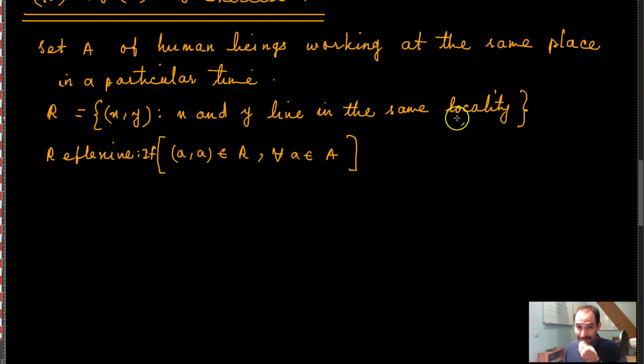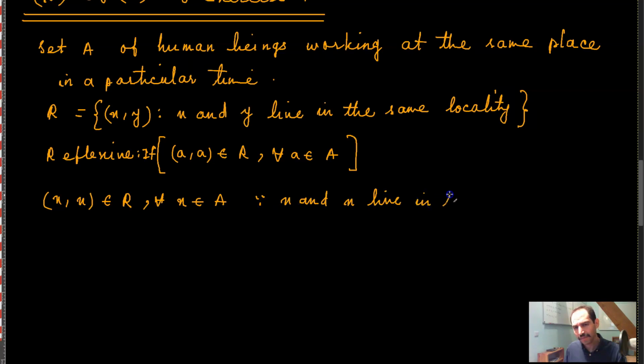What that means is that (x, x) belongs to R for all x belonging to A, because x and x live in the same locality, right? Which means that R is reflexive.